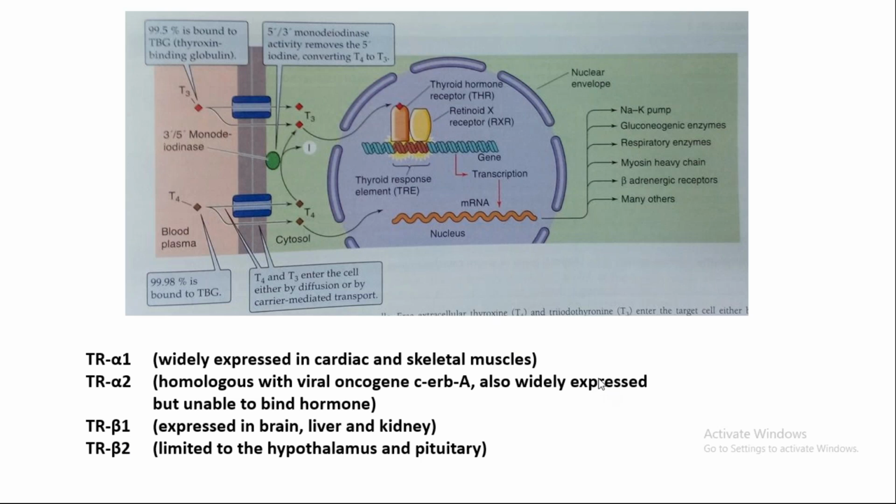So four different receptor proteins are formed. TR alpha 1, TR beta 1 and TR beta 2 bind with T3, and TR alpha 1 and TR beta 1 are widely distributed in the tissues.